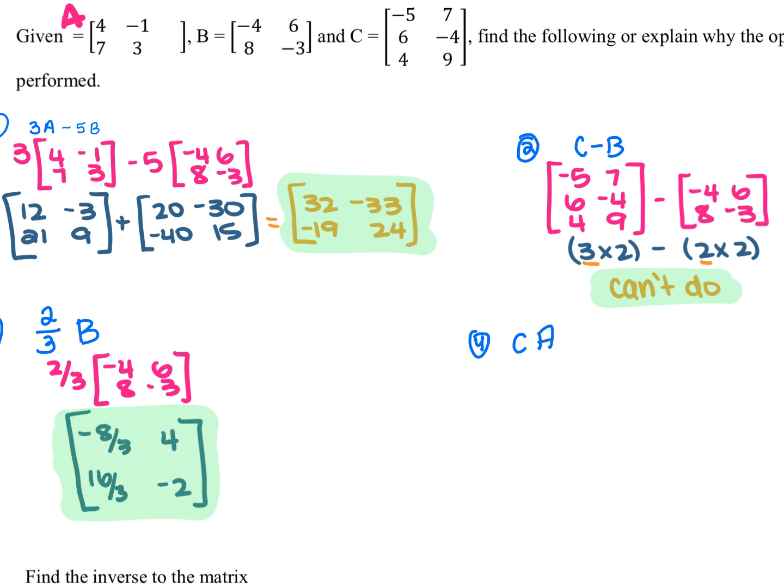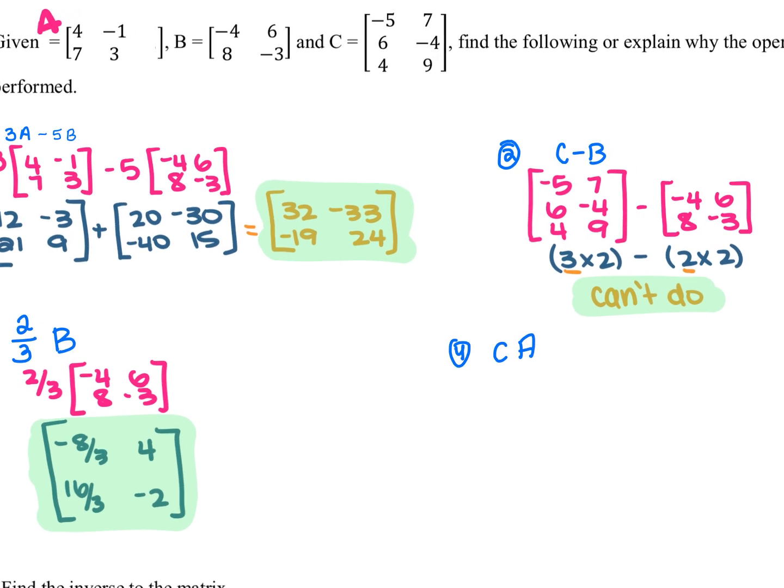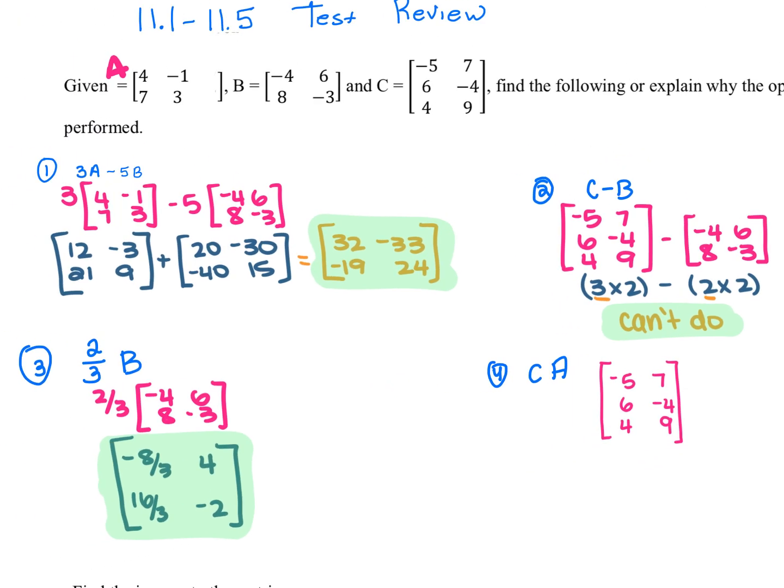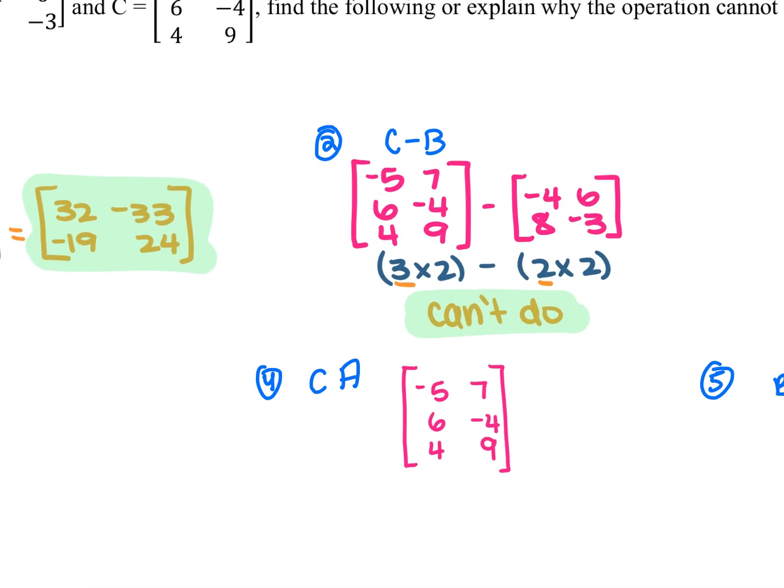For number 4, you're doing C times A. So remember, with your multiplication, your dimensions, middle numbers have to be the same. So C, we said, was the negative 5, 6, 4 in the first column, 7, negative 4, 9 in the second column. A is the 4, negative 1, 7, 3.